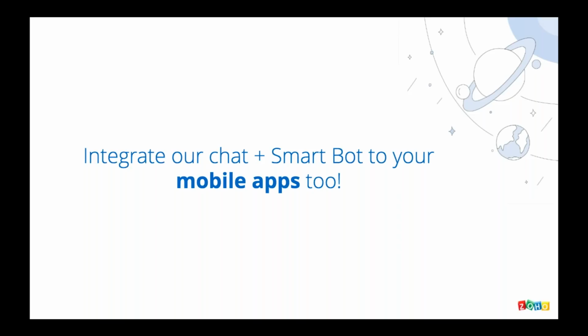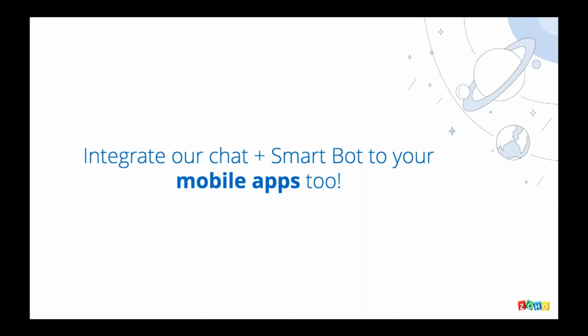What's more, you can now activate the smart bot on the chat window inside that mobile app as well. So your customers using your mobile app will now be able to get answers from a bot from inside the app itself. They don't need to leave that to get to your website or email you or call you. The bot will take care of it right there on their phone.